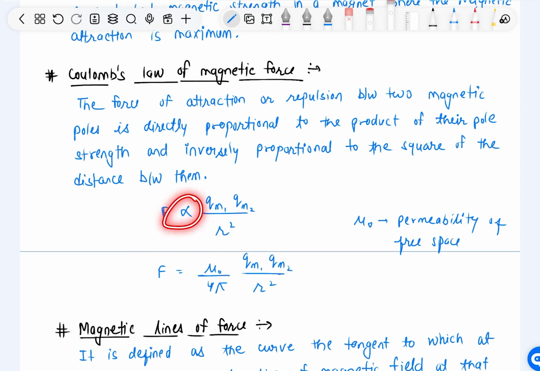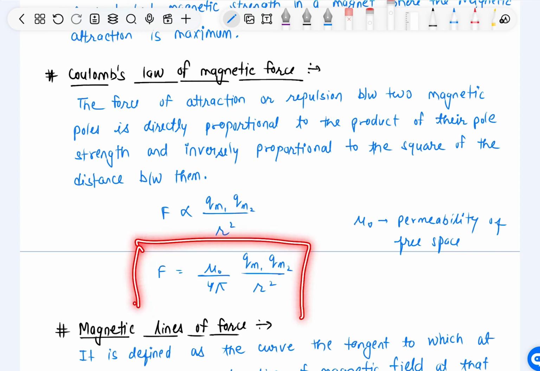When we remove the proportionality, we get a constant, mu naught upon 4 pi, where mu naught is the permeability of free space. So this is the formula for Coulomb's law of magnetic force.